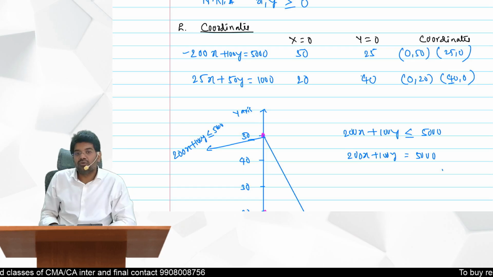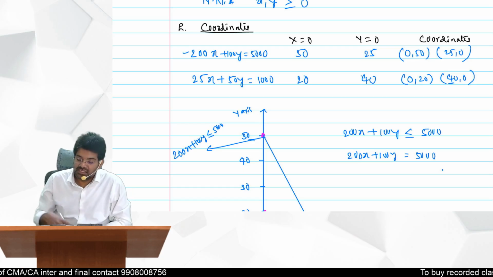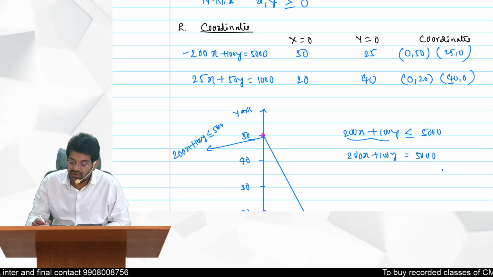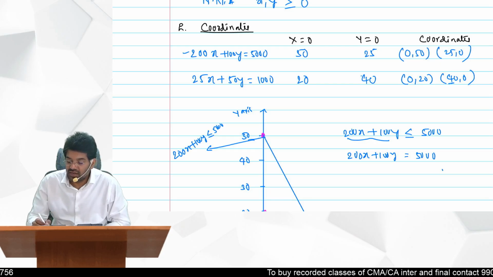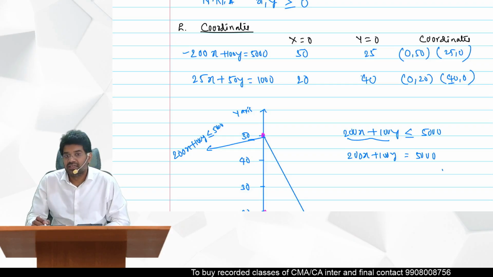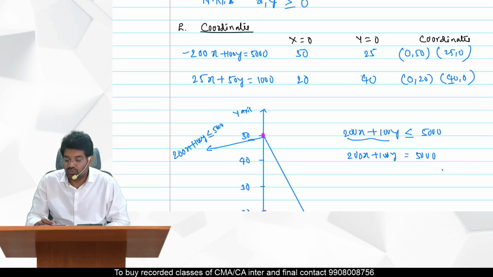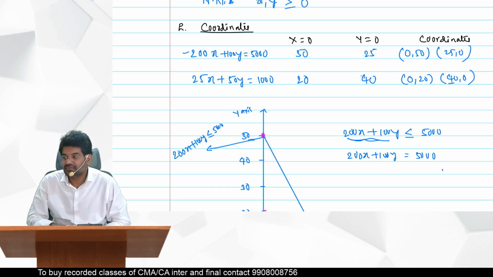But these two put together will be less than 5000, no? I cannot directly equate with 5000, because as per the constraint here, both put together must be less than or equal to 5000 only.